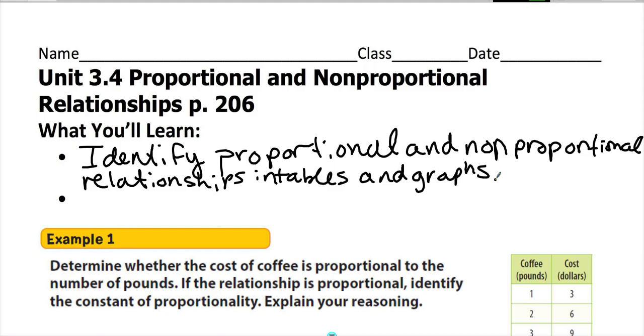Then we're also going to describe a proportional relationship using an equation.